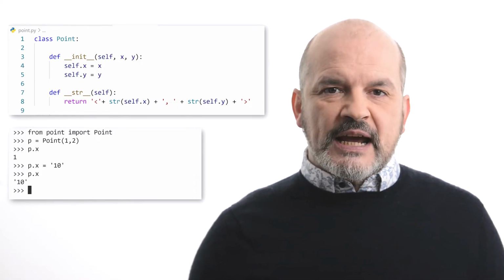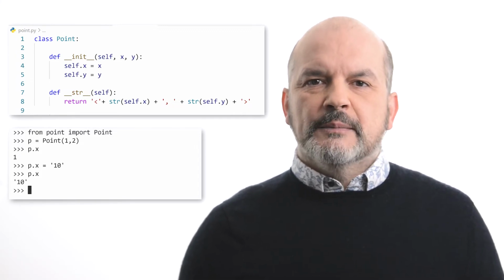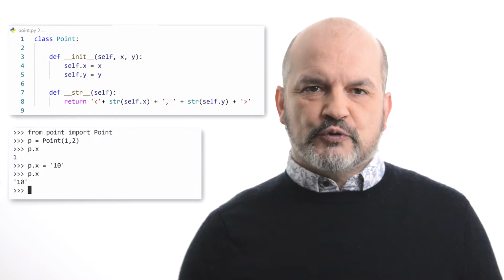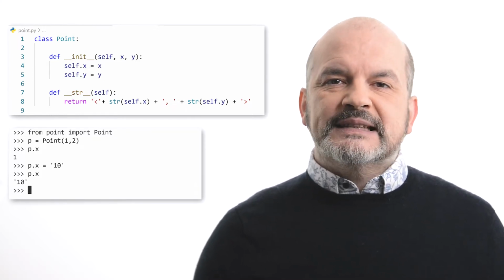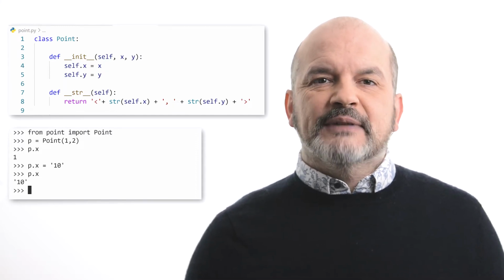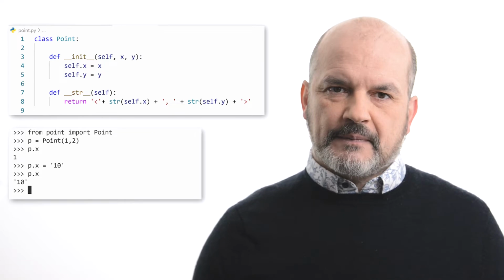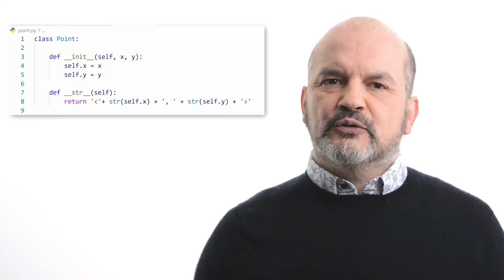We can also change the value of x by using the assignment operator, p.x equals the string "10". Here lies the danger. We can set x to any kind of value, including an invalid value such as a string.